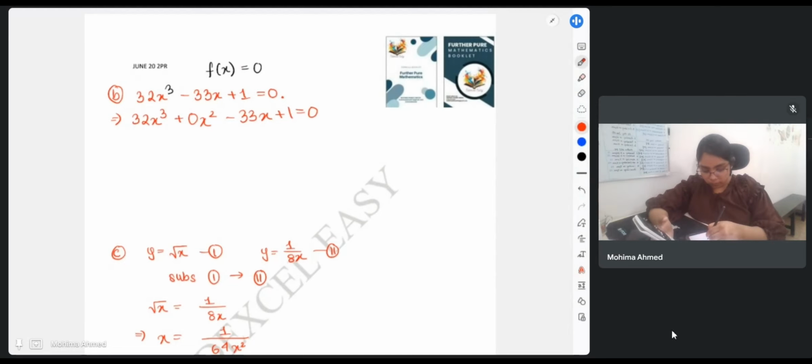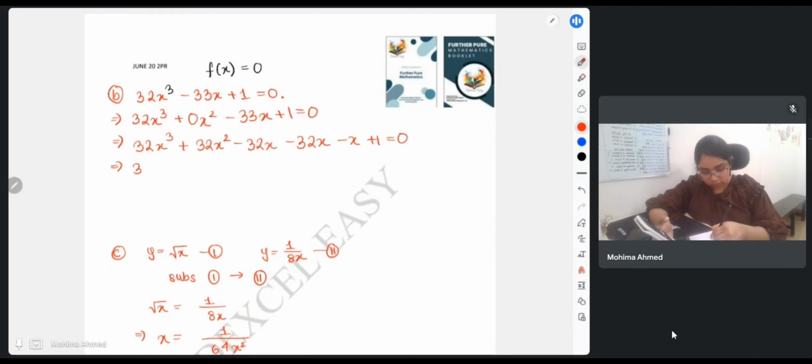Okay, so at first we can break this as 32x³ plus 32x² minus 32x minus x plus 1, equals 0.